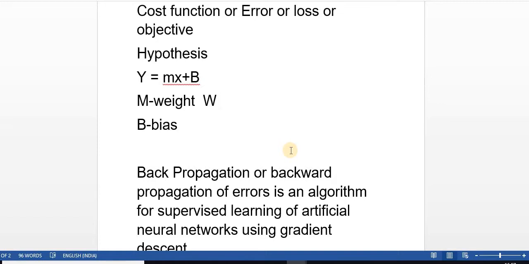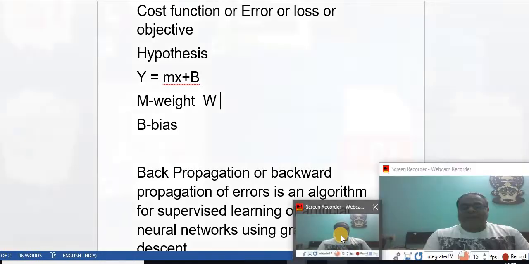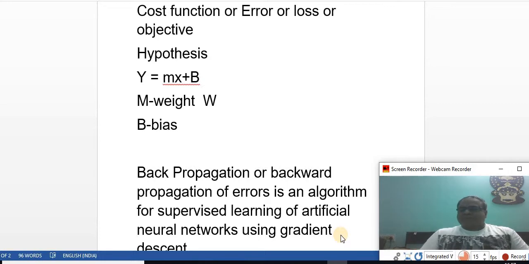The equation y is equal to mx plus b is the equation of a straight line, where m is the slope and b is the y-intercept. So for a machine learning model, this slope or gradient we call the weight of the network, and b is the bias.